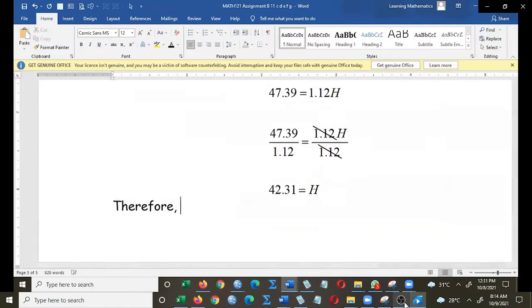Therefore, the amount of hours, because there are a million ways to phrase the same thing in English and in any language. The amount of hours needed to obtain a 92% is 42.31, according to the model.